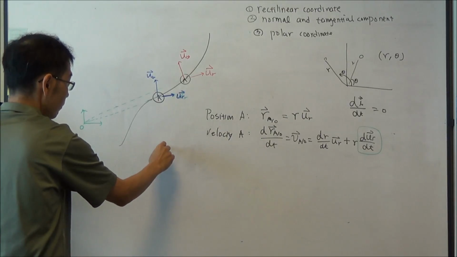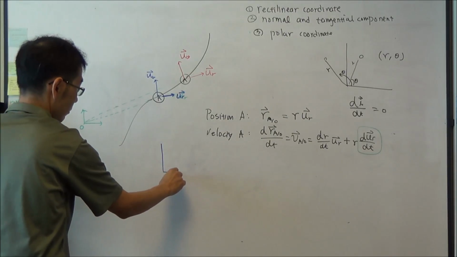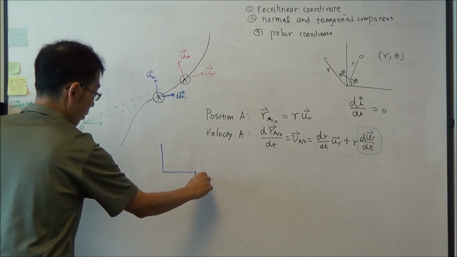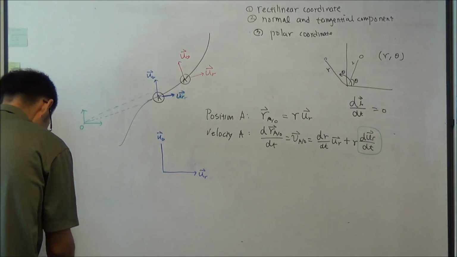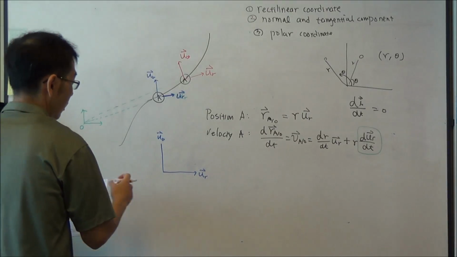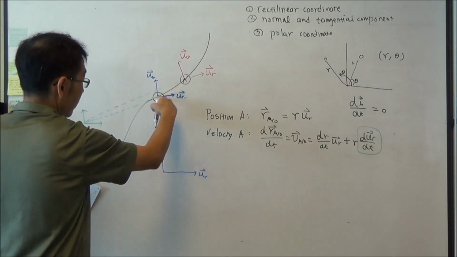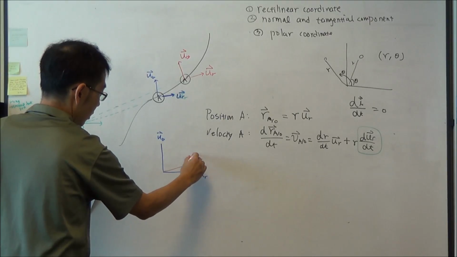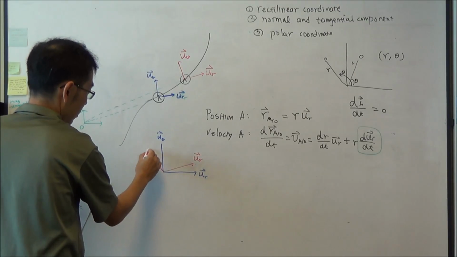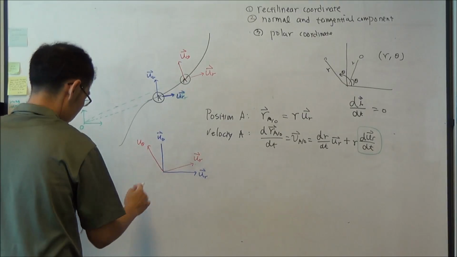So this is UR and this is u theta. Okay. And then if I align the center together, so this is UR and this is u theta. Okay.